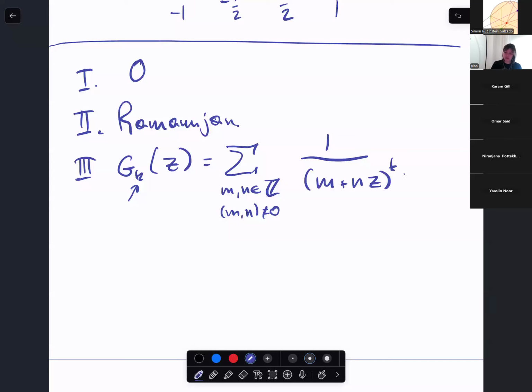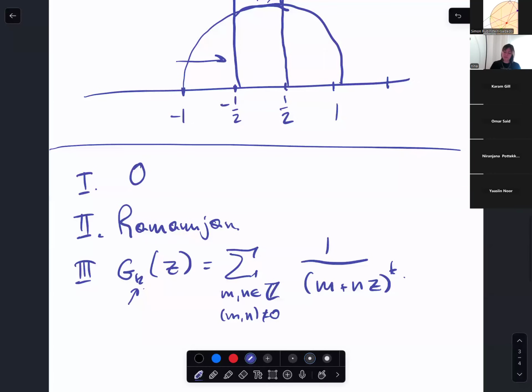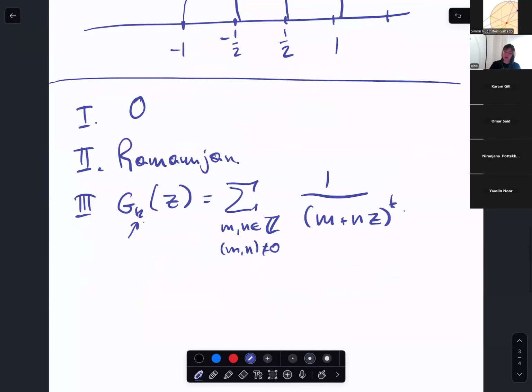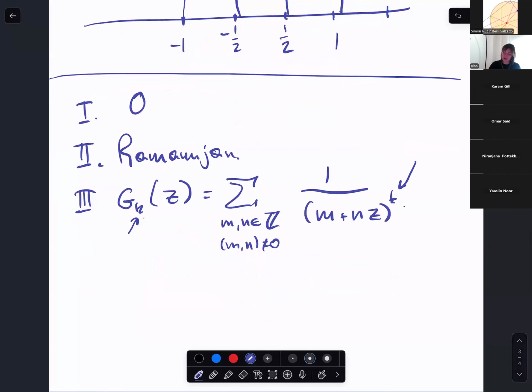So as long as this k is equal to the other k, this will be an example of a modular form. I should say that this number k is usually called the weight of the form.